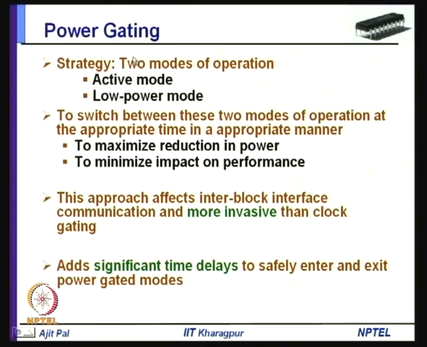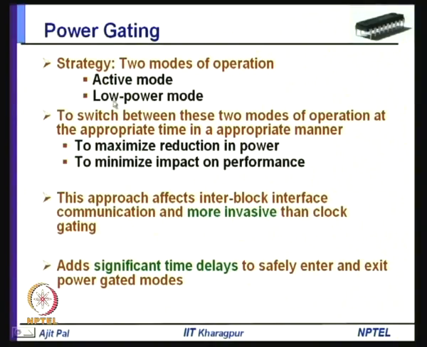Now, let us come to a little bit about the power gating strategy. Power gating has essentially two modes. One is known as active mode, another is low power mode. Active mode means the circuit is in full operation, clock is applied, power supply is applied, and the standby mode or low power mode is when power is gated.